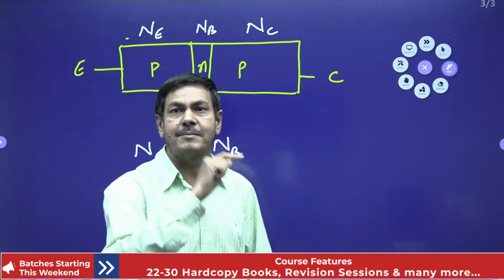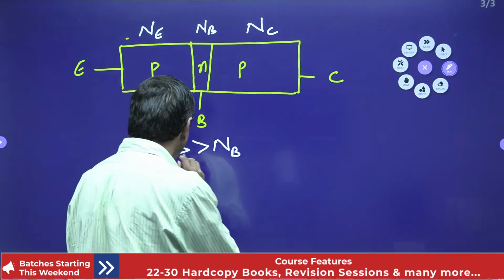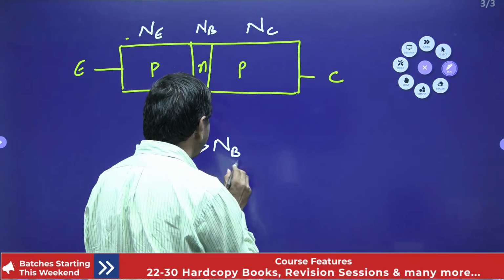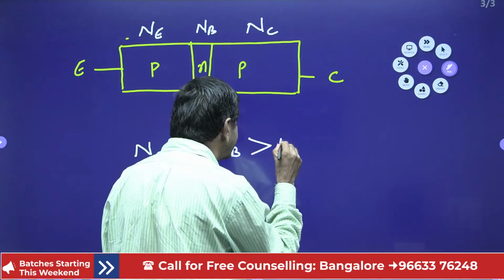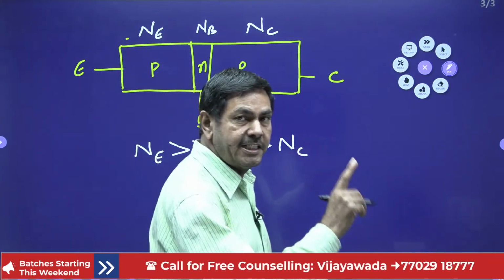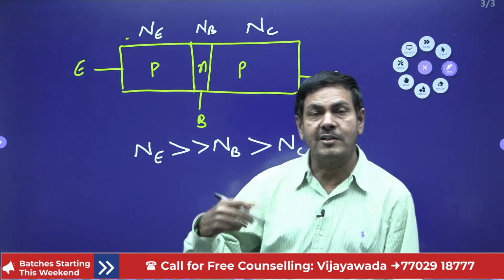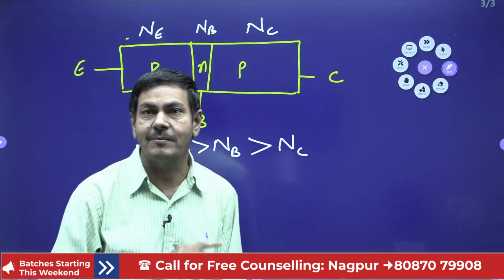That's 100% wrong. Practically, Ne is far more greater than Nb, and Nb must be greater than Nc. That means the concentration in the base is higher as compared to the collector.